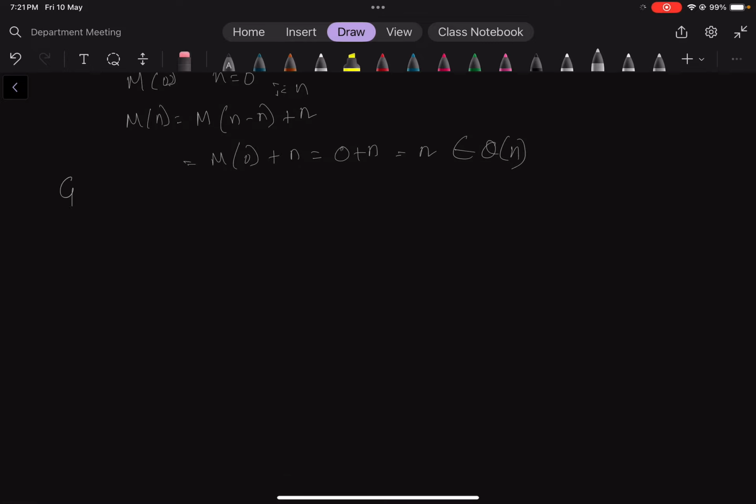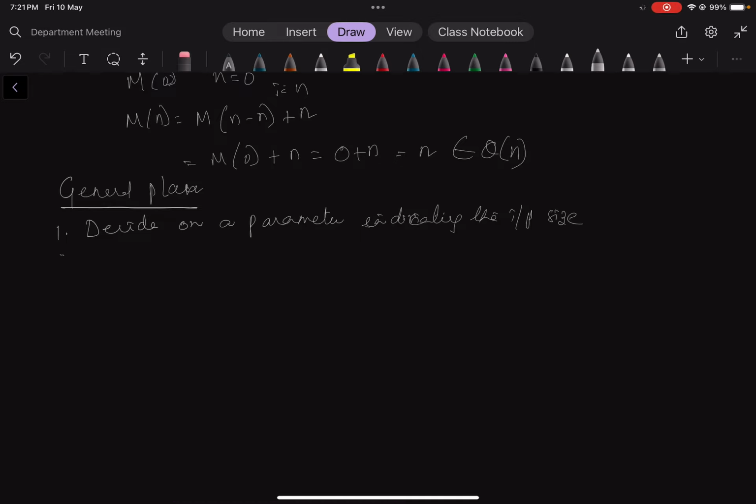Now let us come up with the general plan for analyzing the time efficiency of a recursive algorithm. What is the first step? We decide on a parameter indicating the input size.